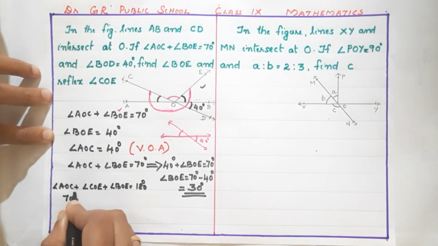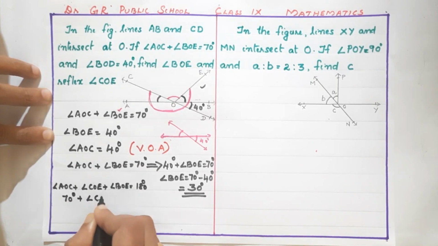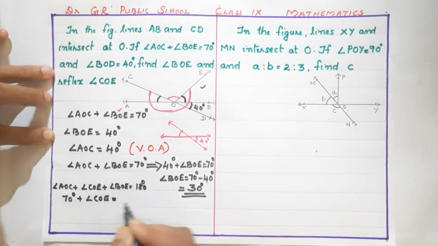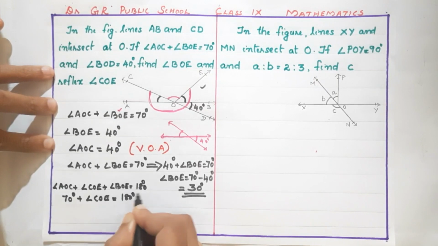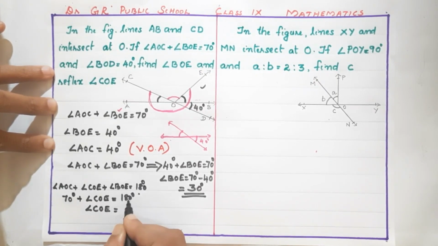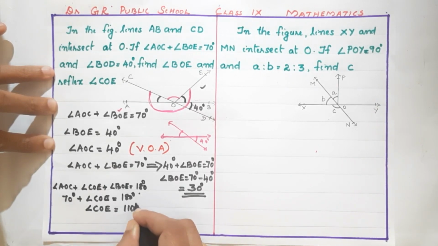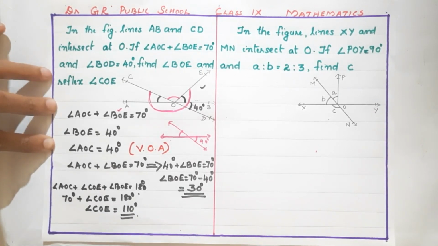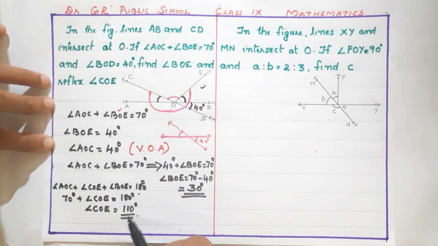So 70 degrees plus angle COE equal to 180 degrees. So angle COE equal to 180 minus 70, it is 110 degrees. Okay, we got COE is equal to 110 degrees.